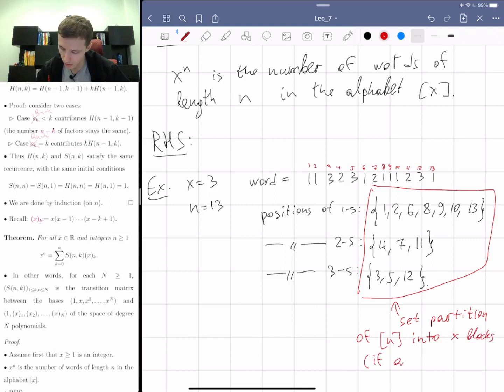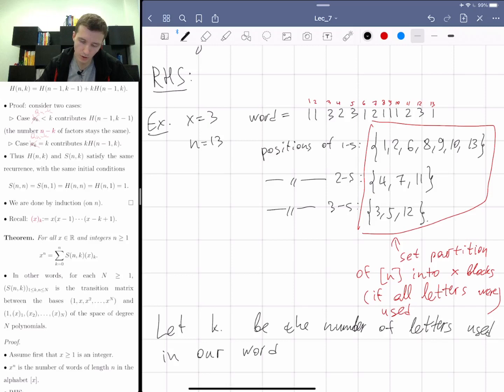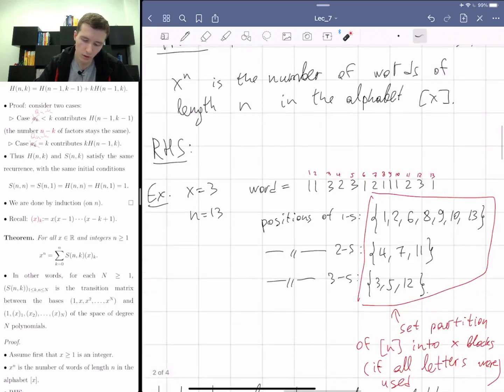In general, if you look at this summation, it's a summation over k, where k is the number of letters used in our word. I could start with a word of all 2s, just 2, 2, 2, 2, 2, 2.